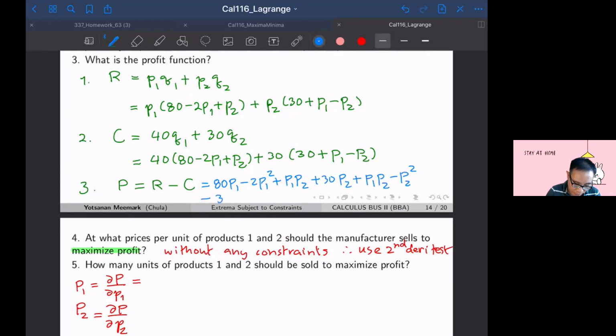So it's gonna be 3,200, and you have minus 80 P1, and you're gonna add 40 P2. Okay, so this one will be inside big parentheses, 80, yeah, it's correct, and plus 900, plus 30 P1, and minus 30 P2.